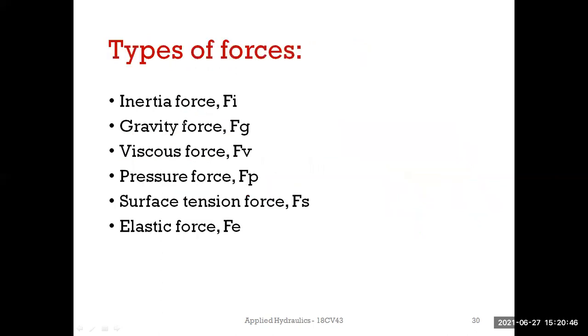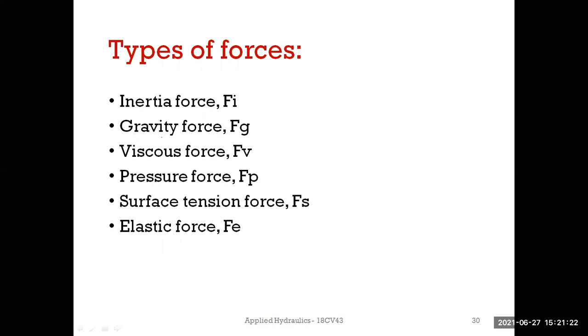You have different types of forces like inertia force, gravity force, viscous force, pressure force, and surface tension force. These are the different types of forces acting on the structure. Sometimes only one force may be acting, or sometimes a combination of forces, like inertia with gravity, inertia with viscous, inertia with pressure, pressure with surface tension, viscous with elastic force.